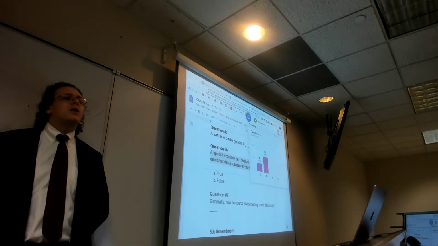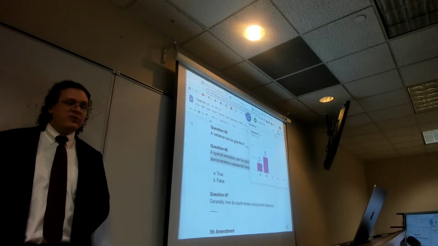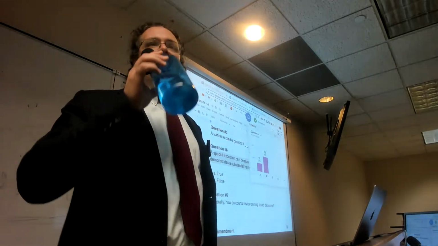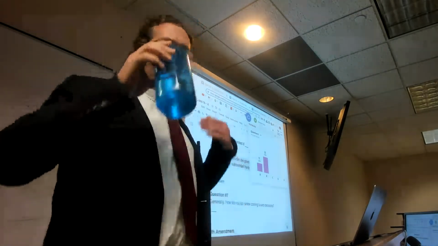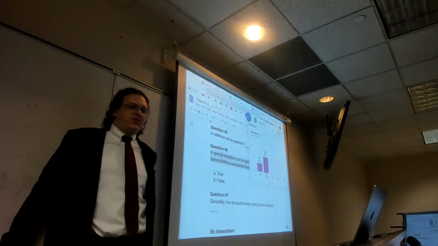No? Okay. So the idea of delegation is that usually the legislature has power. And they can exercise that power, they can write laws. But the legislature cannot delegate or transfer the legislative power to another branch.